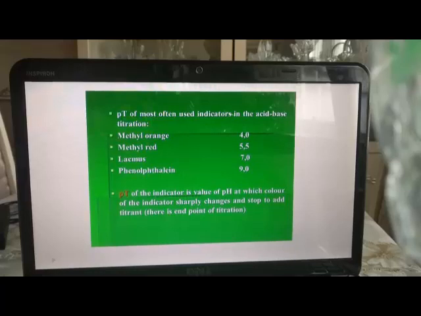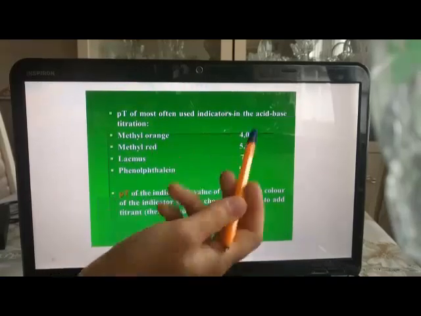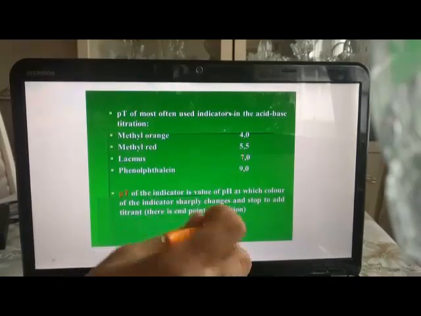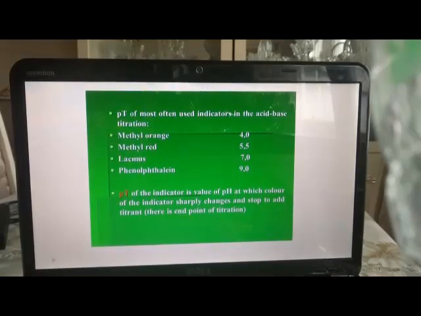pT of the most often used indicators in acid-base titration. For example, methyl orange has pT 4. We can calculate it from the table.